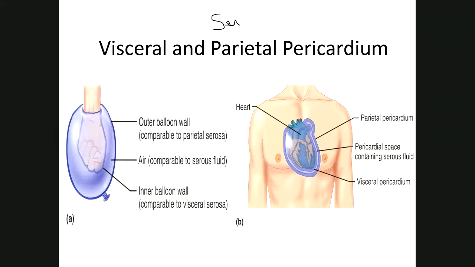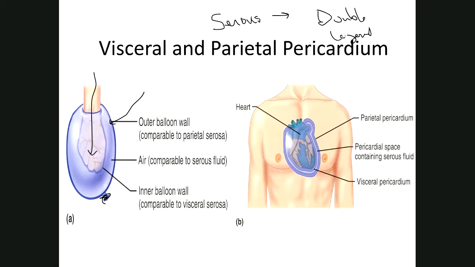And serous, if you remember back from A&P1, serous membranes are things like the pleura, the pericardia, the peritoneum. We've talked about these. And remember, serous membranes are double layered. A good way to picture it is to picture yourself blowing up a balloon, tying it off, and then taking your fist and pushing it down into the balloon.